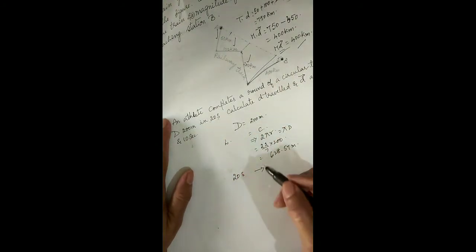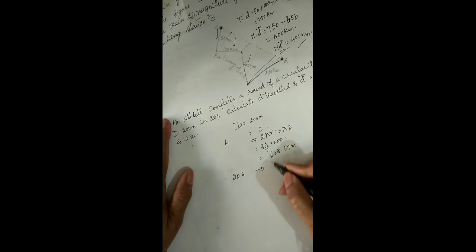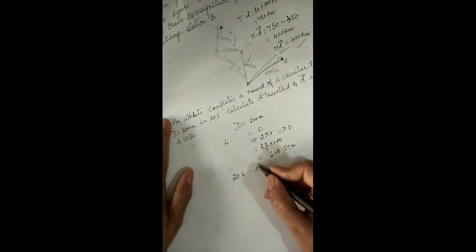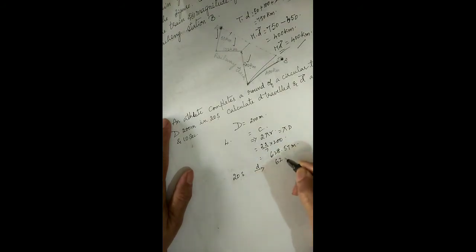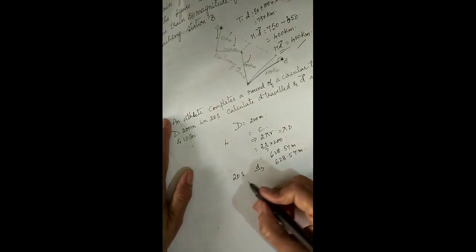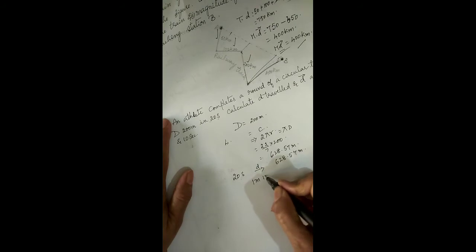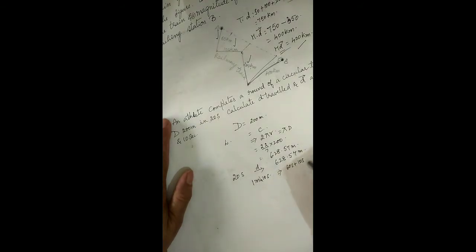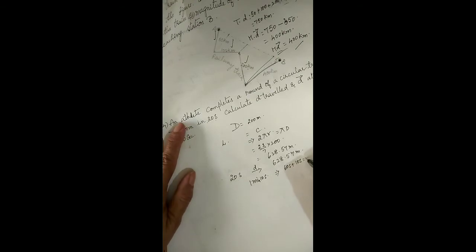Now, what distance is traveled in 20 seconds? In 20 seconds he covers one circular track, 628.57 meters. Then what is the distance after 1 minute 10 seconds? 1 minute 10 seconds implies 60 seconds plus 10 seconds, that is 70 seconds total.